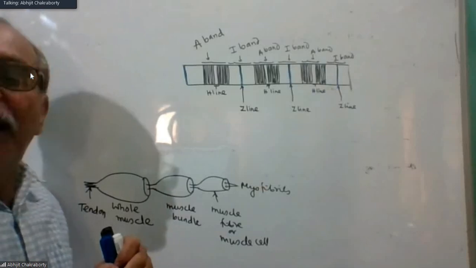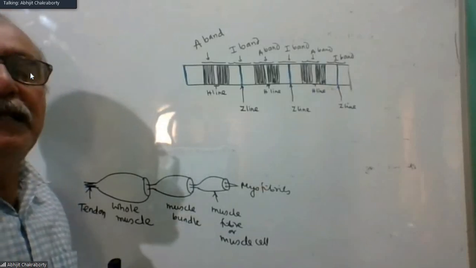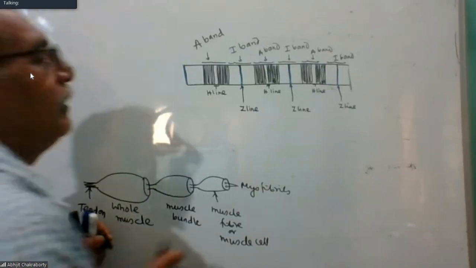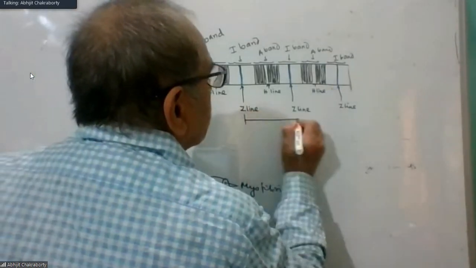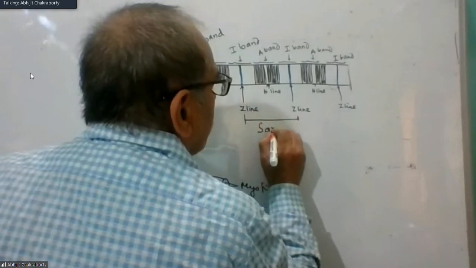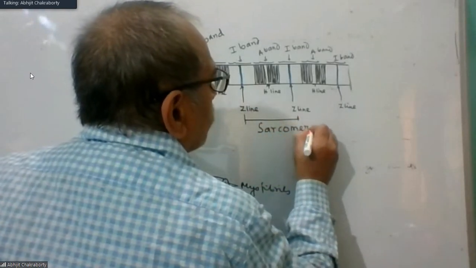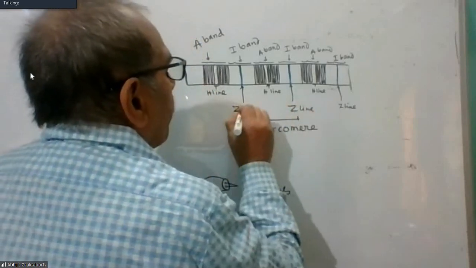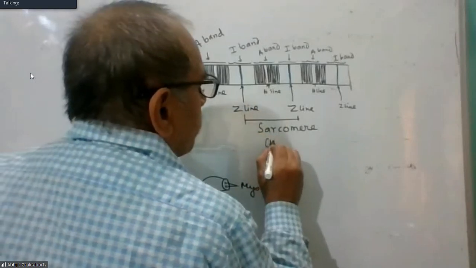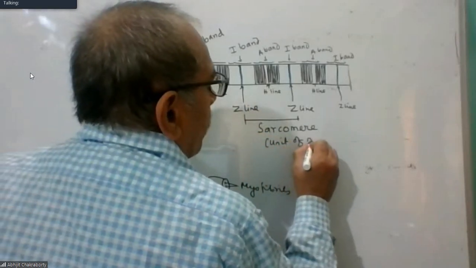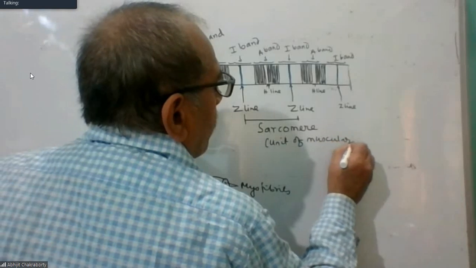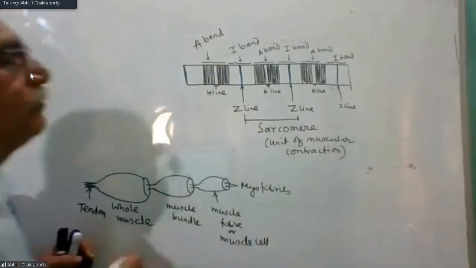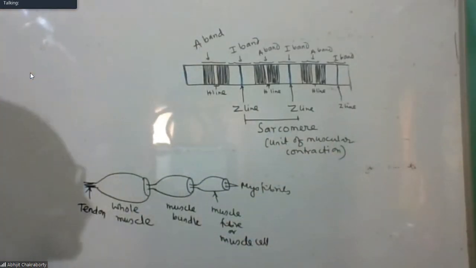The distance between two successive Z lines is called the sarcomere, the unit of muscular contraction. Is it clear?